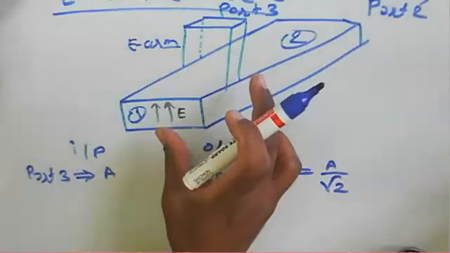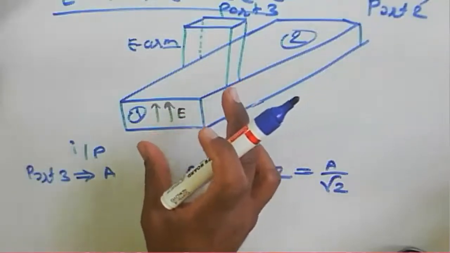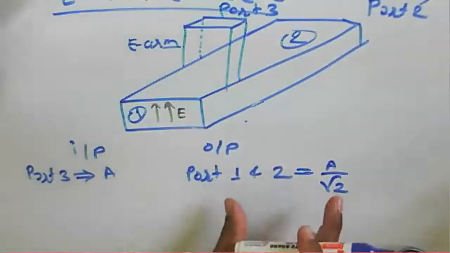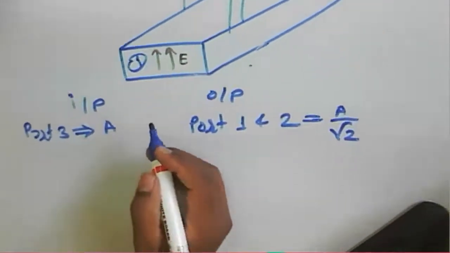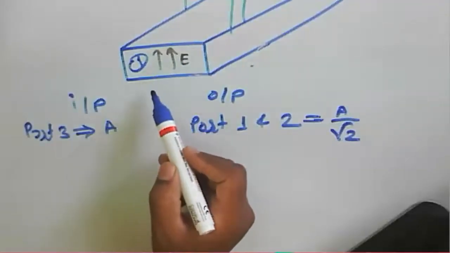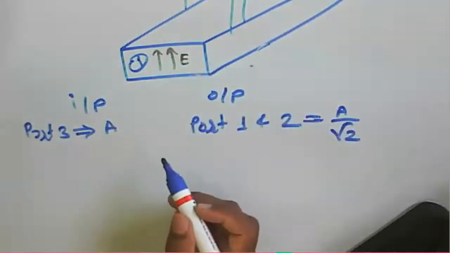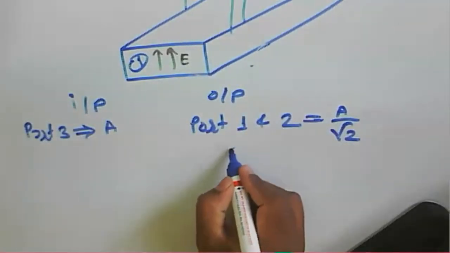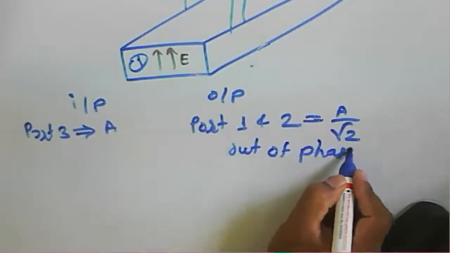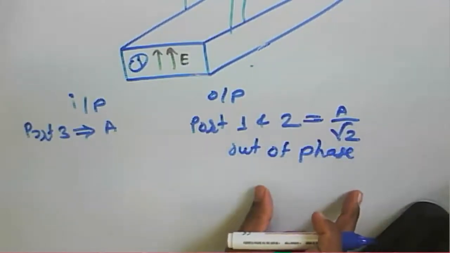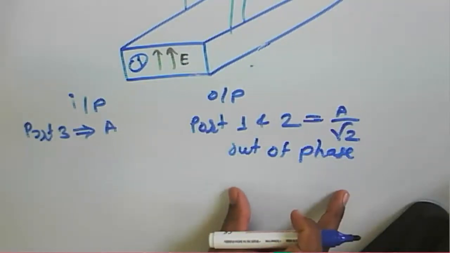The amplitude is constant. Whatever signal we are propagating, its amplitude is constant, but the phase at port 1 and port 2 will be 180 degrees out of phase. But in the case of the H plane T, we'll get the in phase output.